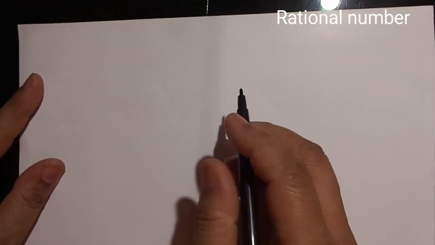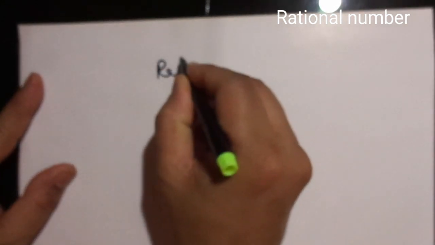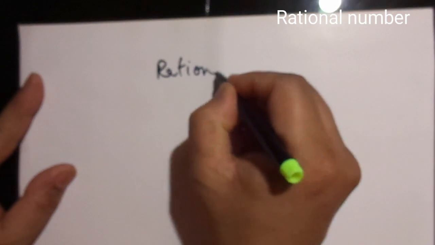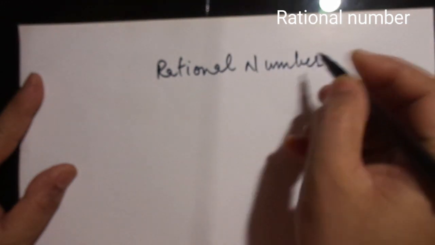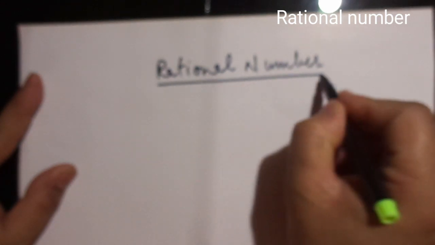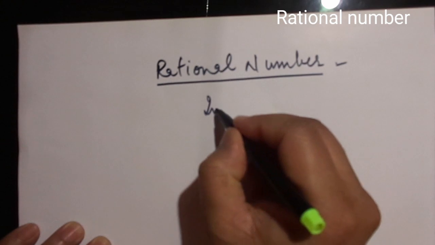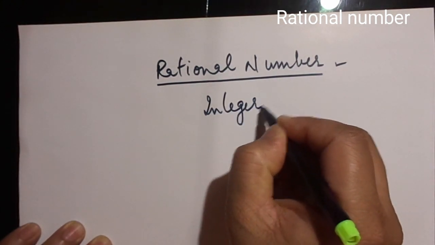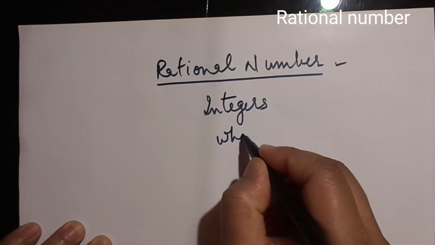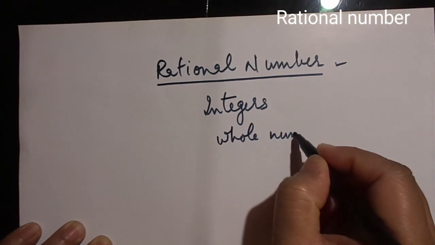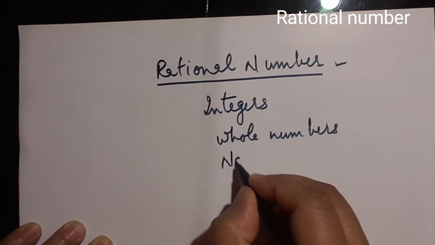Now, we shall be continuing with rational numbers. Okay. You have already learned integers, and you also know whole numbers as well as natural numbers.